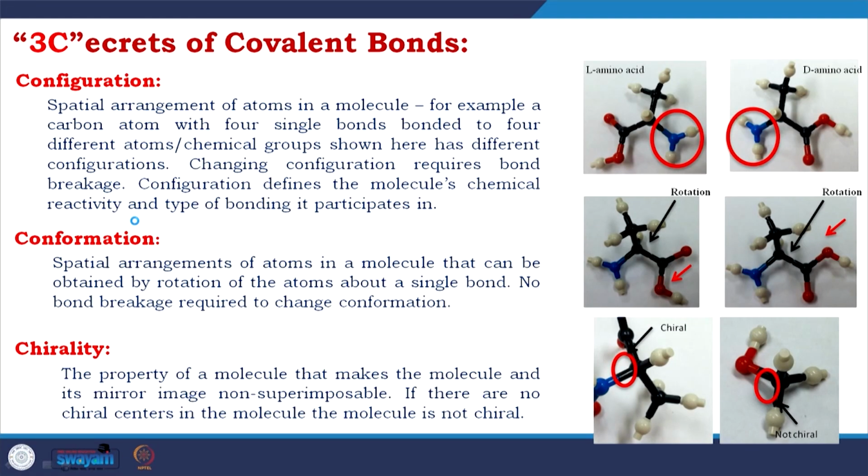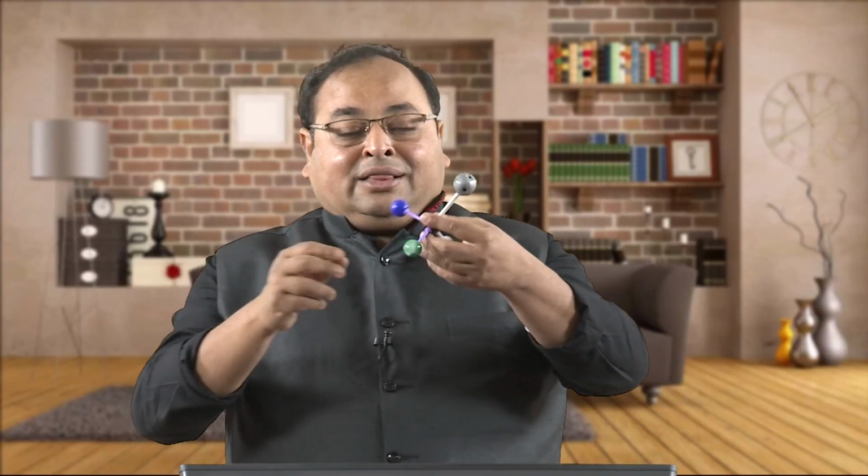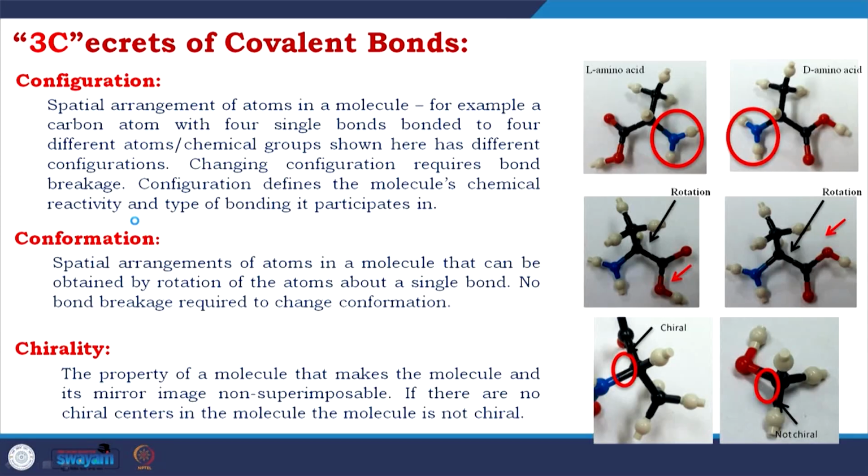I have already explained chirality, but still, this is a molecule with 4 different groups connected to carbon. If instead of one of these I would put a hydrogen, then it would lose its chirality. Chirality is the property of a molecule that makes the molecule and its mirror image non-superimposable, which we have discussed earlier.